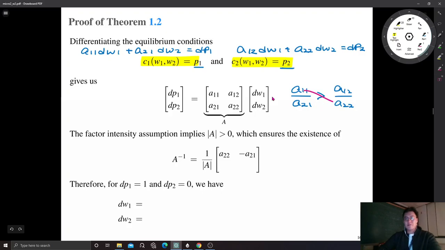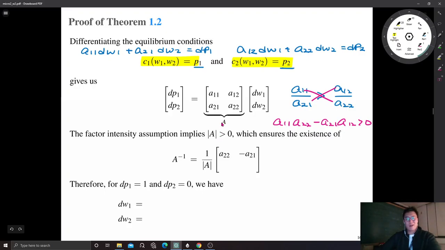So if we do the cross product, we obtain A sub 1,1 A sub 2,2 minus A sub 2,1 A sub 1,2 is greater than 0. But this is nothing but the determinant of this matrix. Let me call this matrix A. So the factor intensity assumption implies this matrix has a non-zero determinant, especially a positive determinant.